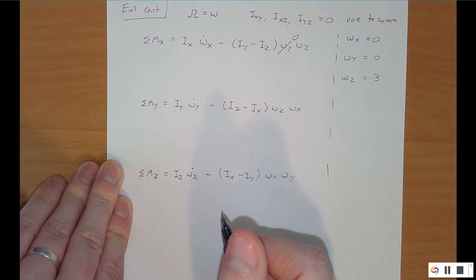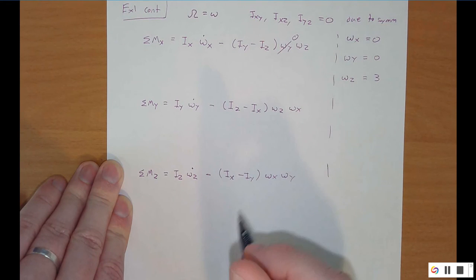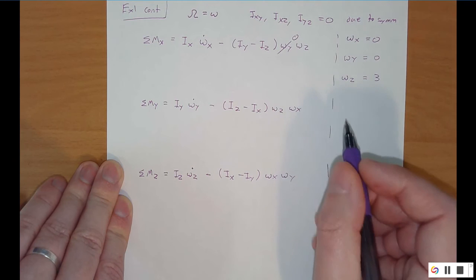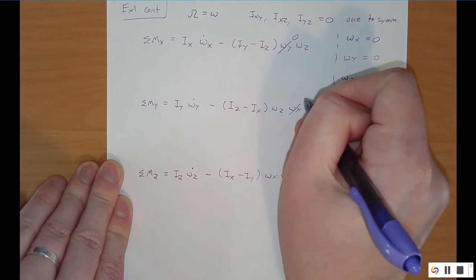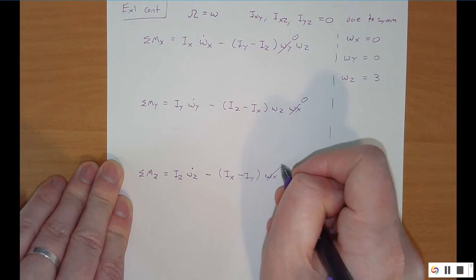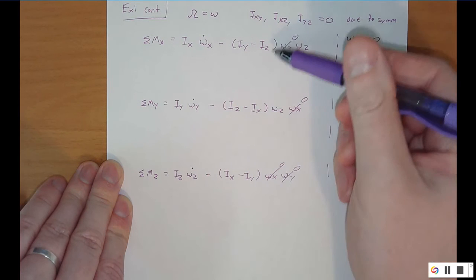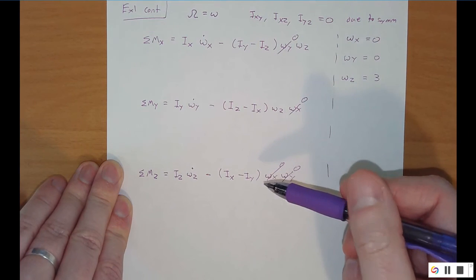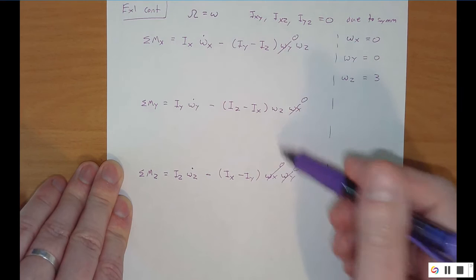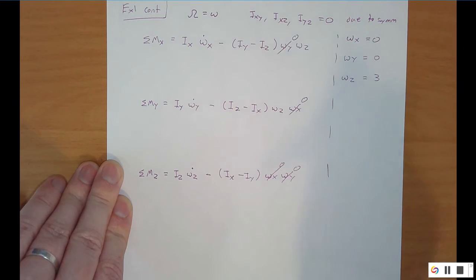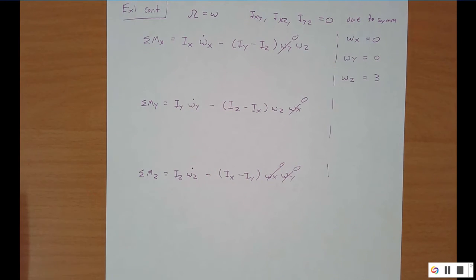We have an omega x in this one, so we're going to zero that one out. And I have both in this case. So none of these secondary terms are going to matter in this case, because we only have angular velocity in the z direction. We do have rotation about x, but not any velocity, instantaneously at least.